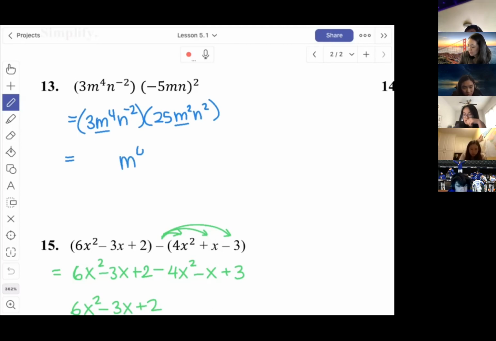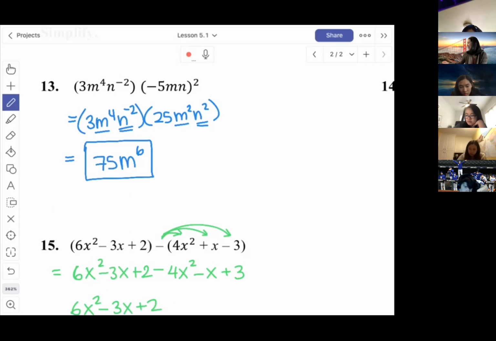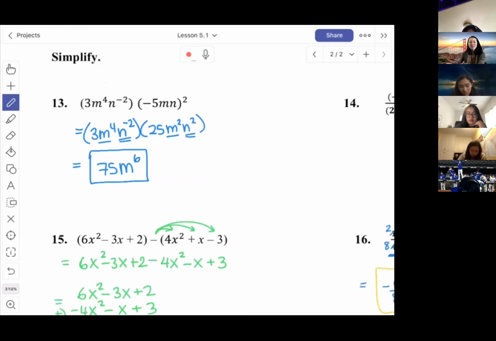And then for the n, it was 0. Are we supposed to also put the numbers together too? Yes. So then it would be 3 times -25, which would be -75. Yes, except positive, because -5 is squared. Oh, okay. So 75 m to the 6, and that's it. You got it. Nice. Okay, thank you, Faith.